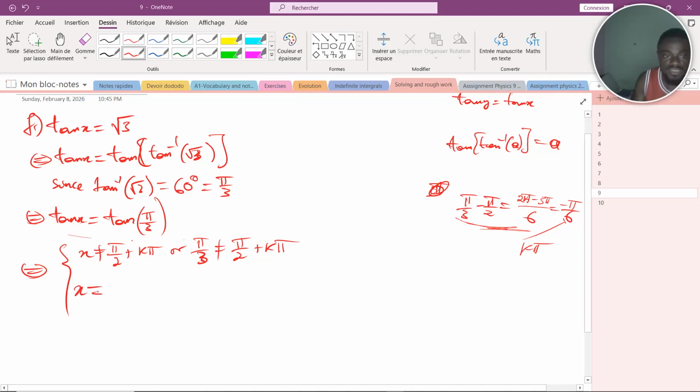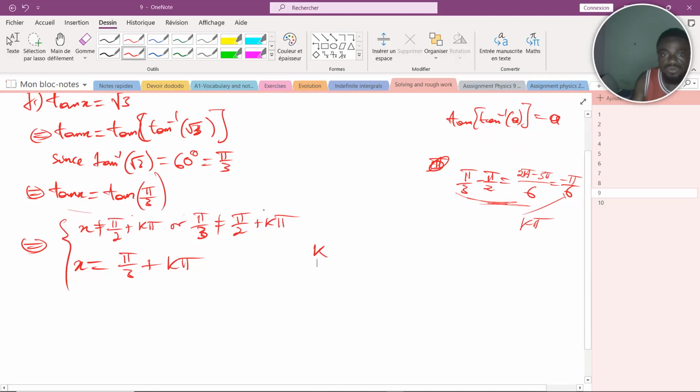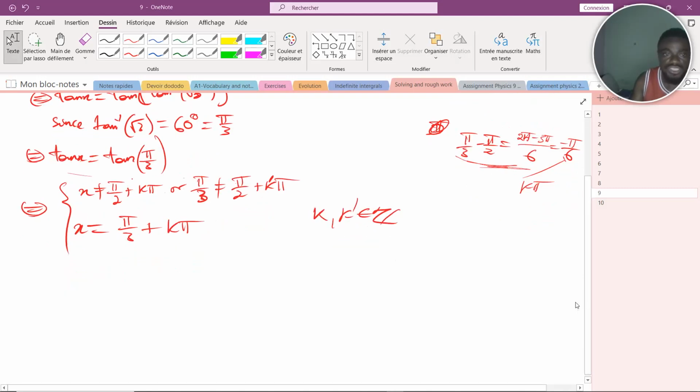With x, the general solution, this x will be equal to what? This pi on 3 plus k pi. So that's our general solution. So with k, don't forget that this is k prime. Yes, this is k and k prime, with k and k prime belonging to Z. So the general solution on R, S will be equal to what?